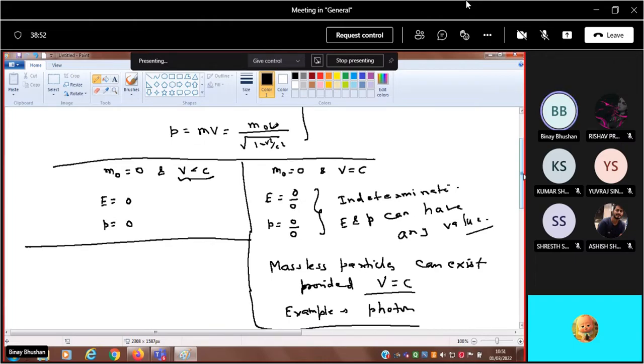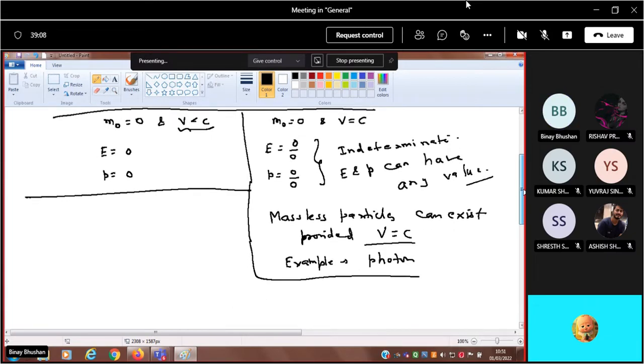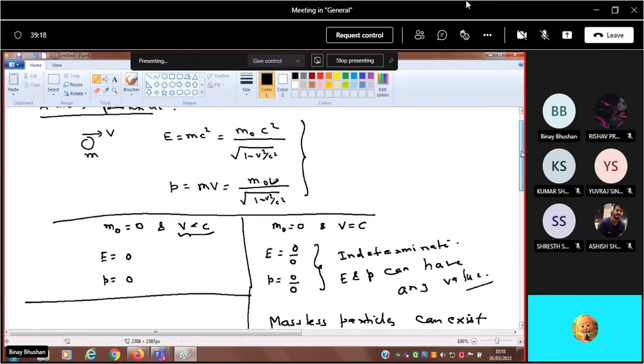Okay, so the point here is, Newtonian mechanics doesn't predict the existence of massless particles. STR predicts it. So as I told, a massless particle can have any value of E and P, but there might be a relation between E and P for a massless particle.